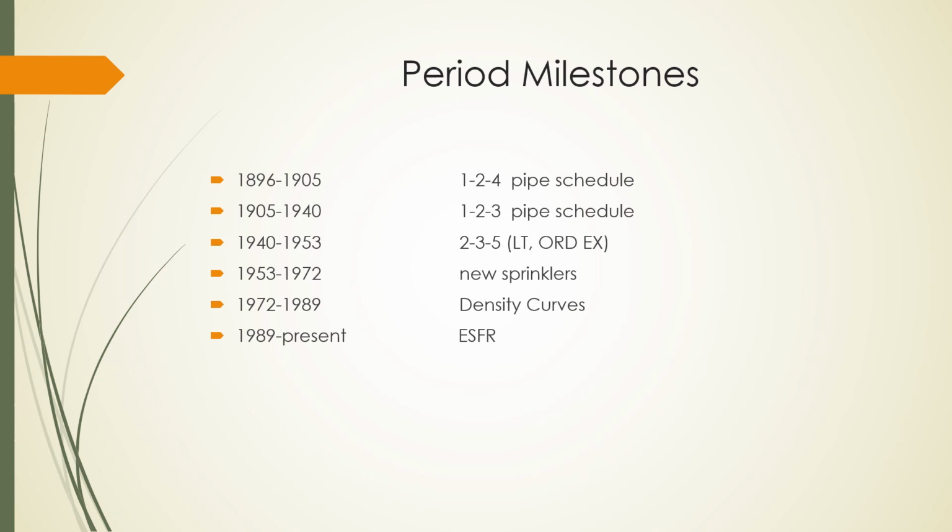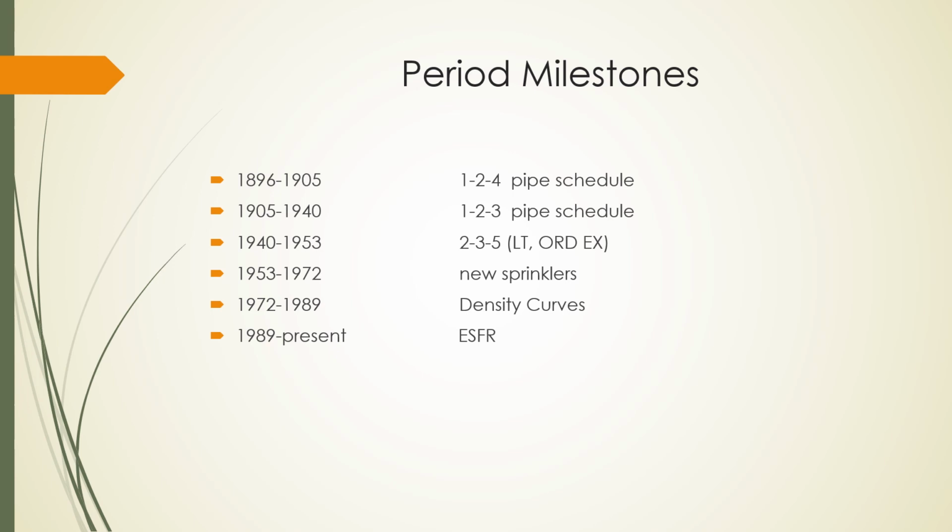So what we're going to do is look at period milestones. And this is my breakout. Someone else might have a different breakout, but this is the breakout that I use to establish different sprinkler designs and methodologies.